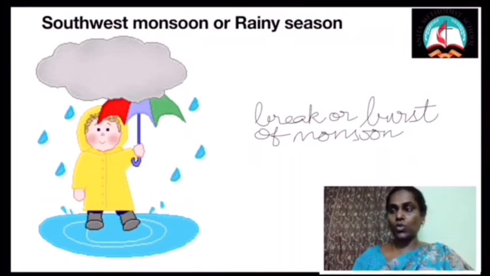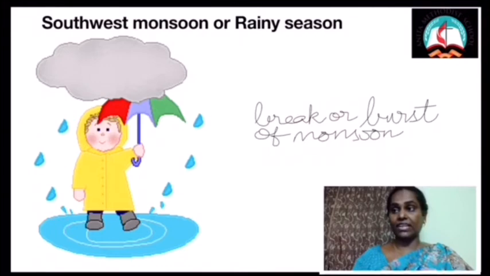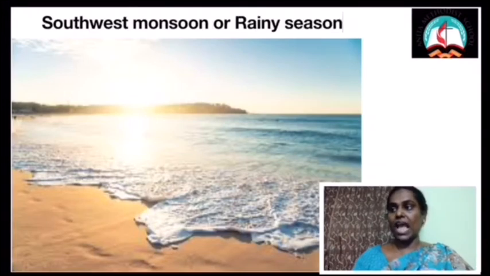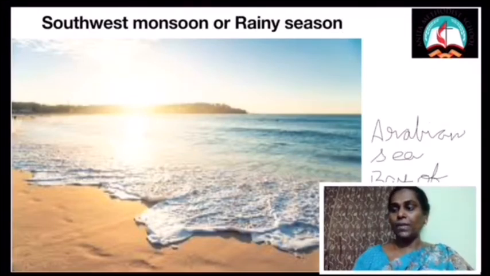The monsoon wind strikes against the southern tip of the Indian landmass and gets divided into two branches. One branch starts from the Arabian Sea and the other from the Bay of Bengal. The Arabian Sea branch of the southwest monsoon gives heavy rainfall to the west coast of India as it is located on the windward side of the Western Ghats.